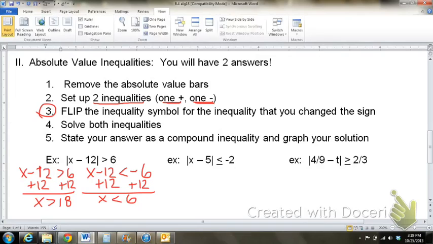Now you need to state your answer as a compound inequality, and you're going to graph your solution. So I have to think about this. Can x be greater than 18 and can it be less than 6, or does it have to be one or the other? A number line is a lot easier to figure that out.